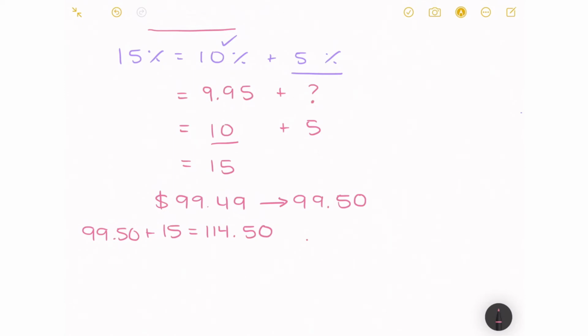Now, this example ended up being a little bit easy because 99 is so close to 100 that our final value was, after rounding, exactly the same as our percentage value. So let's look at one of our other examples where it's a little bit more tricky.